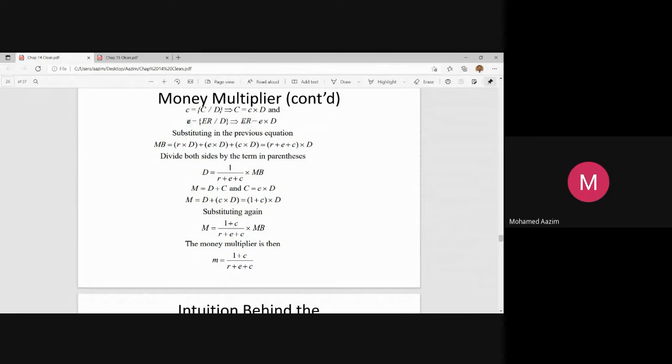If you know the small e and you know the deposit base D, small e times D would define the excess reserves. So you are expanding the currency ratio, you are expanding the excess reserve ratio. These are nothing new, even under the simple model we discussed.